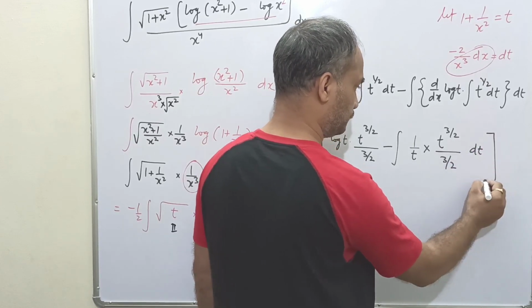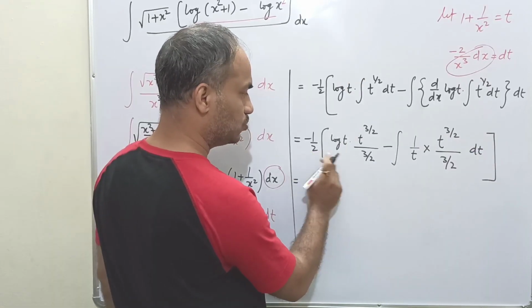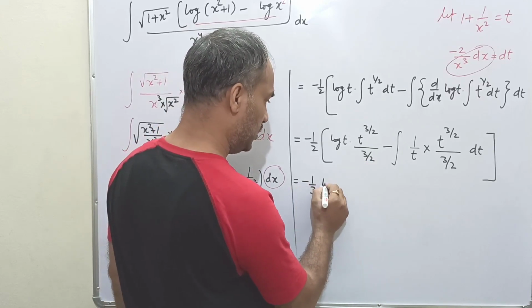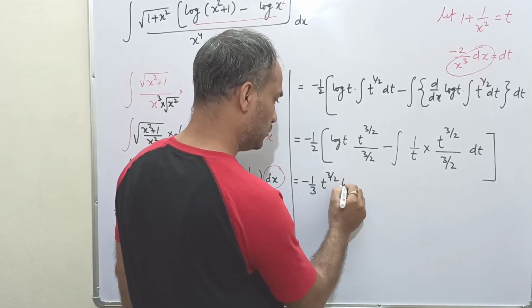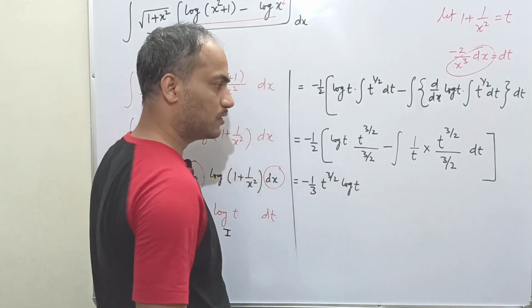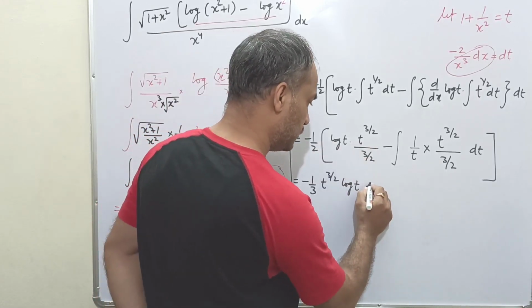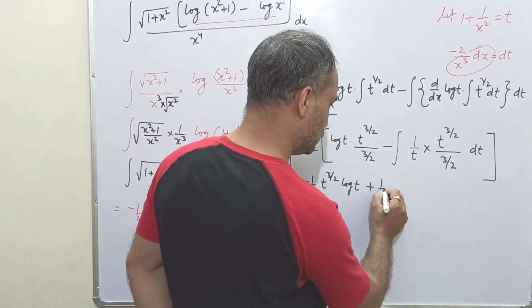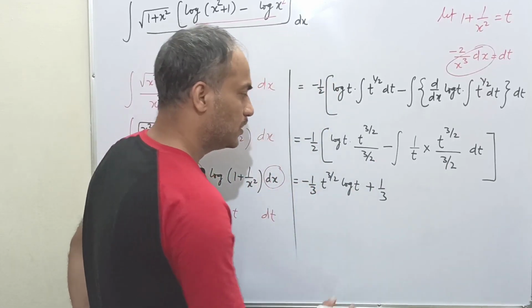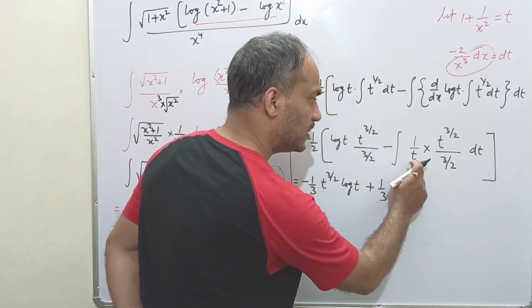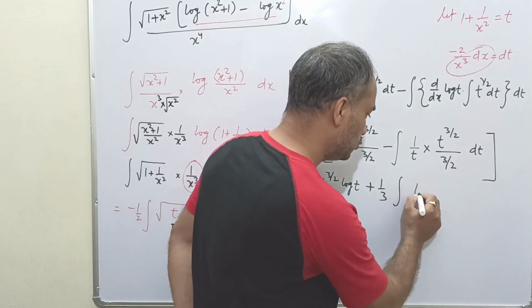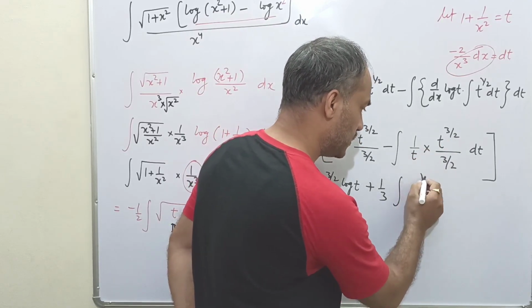Okay, this 2 and this 2 will cancel, so we'll get -1/3 t^(3/2) log t. Minus and minus becomes plus, again 2 is there, so with 2 if we multiply, this is also 1/3, and in integration we have t and this, so let us combine the powers. So this will become t to the power 3/2 minus 1, that is half.